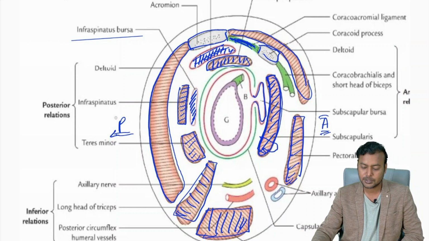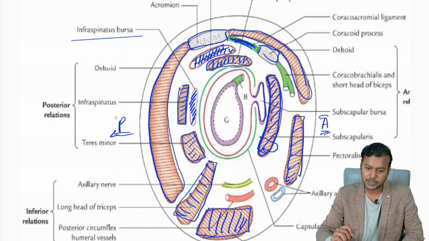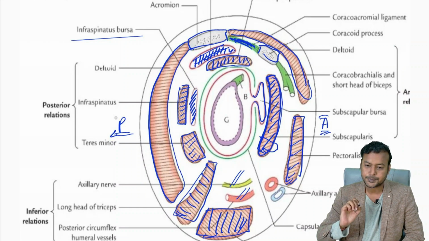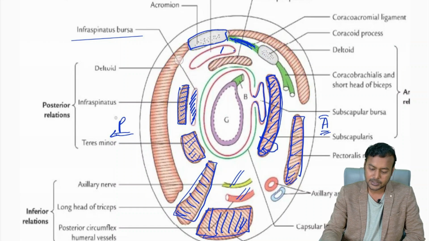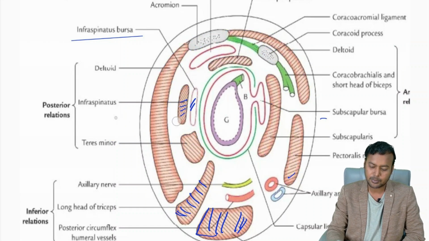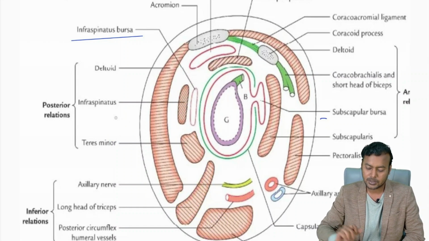And as you know, just below the head of the humerus at the surgical neck, we had the two important structures, that is the axillary nerve and the posterior circumflex humeral artery. So hope you understand these are the different relations. Now if you practice this diagram properly, then in a long question of the shoulder joint, you can easily represent the different relations.